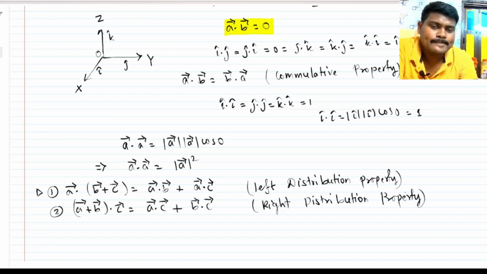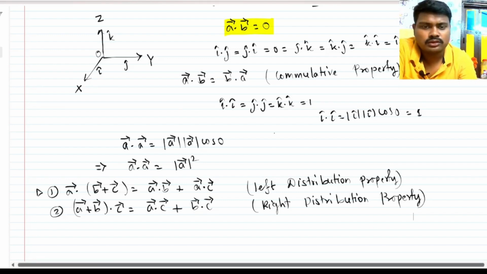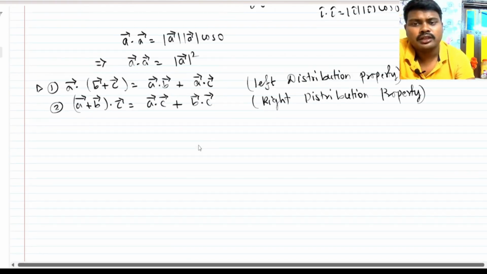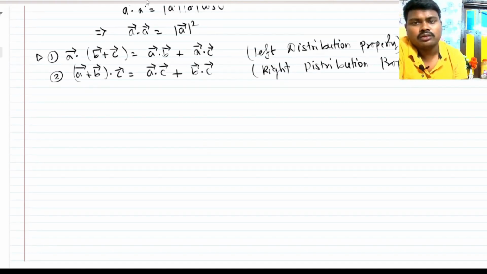Now we talk about how we evaluate A dot B, where A vector is given in the form of I cap, j cap, k cap, and B vector is given in the form of I cap, j cap, k cap.